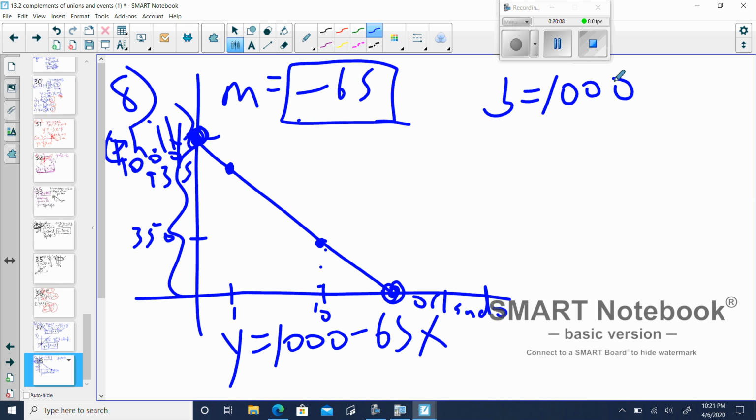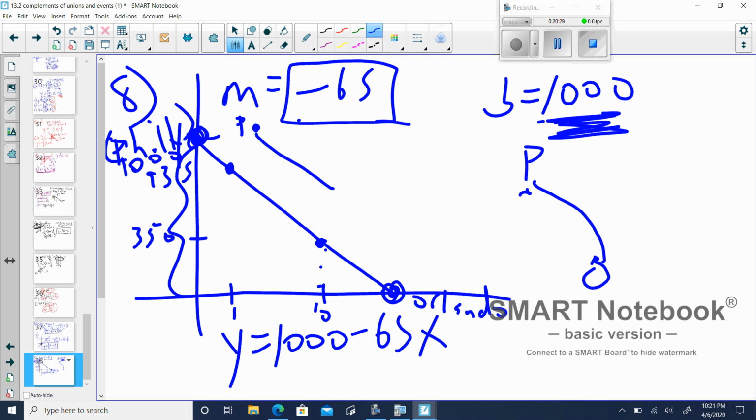Our y-intercept is the distance from Philly to Orlando, which is 1,000 miles, and we're covering that at 65 miles an hour. So if we start out 1,000 miles away from Orlando, after an hour we're 65 miles closer. Then 65, 65, 65. We keep getting 65 miles closer after every hour that we travel.